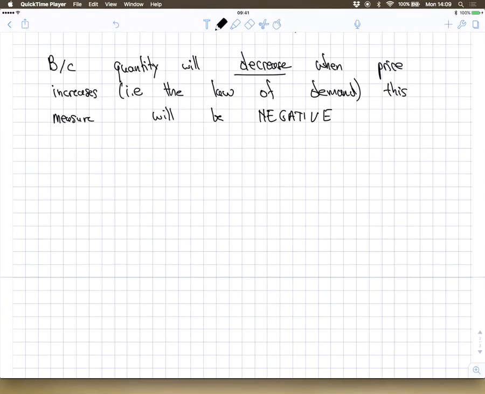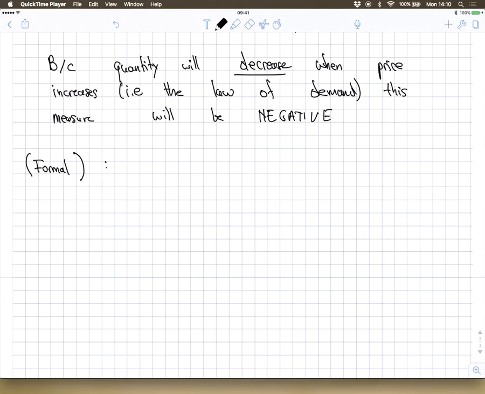Now, let's be a bit more formal for the case of a linear demand. Let's just call it formal. Formally, how could I define this concept of elasticity?